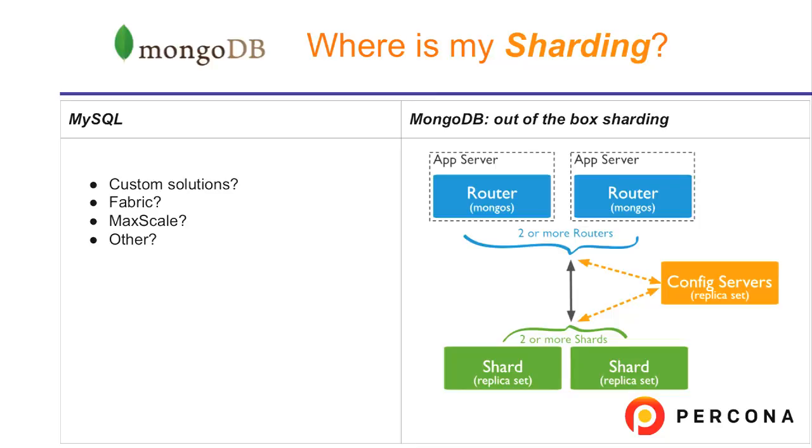Going back to the router, for every application request, the router will connect to the config server, find out where to go based on the information about the chunks, and route the request to one of the shards.